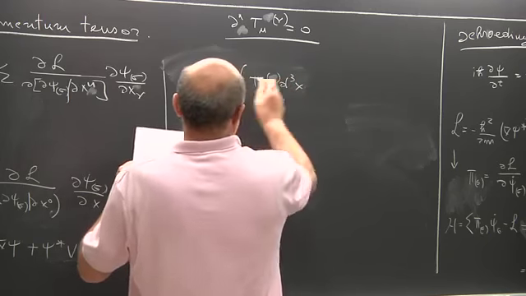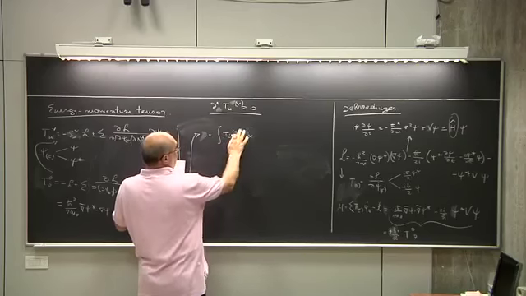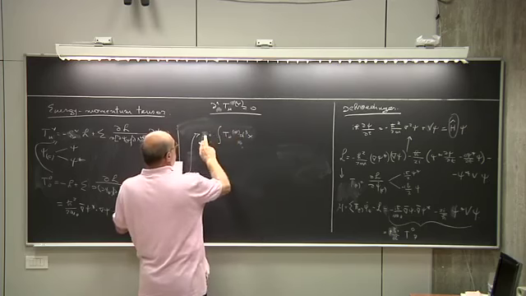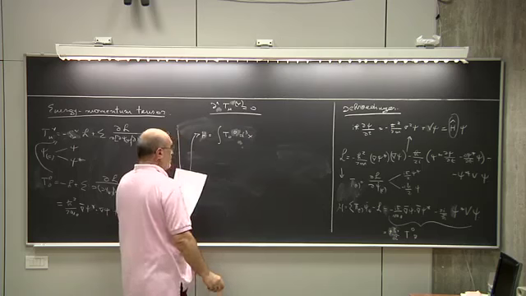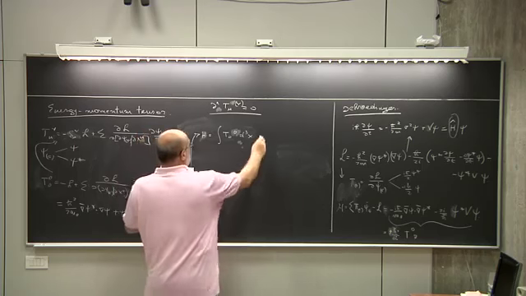Actually, what is conserved is these 4 objects, okay? But anyhow, let's take the 0, 0. For sure, it is a conserved quantity.